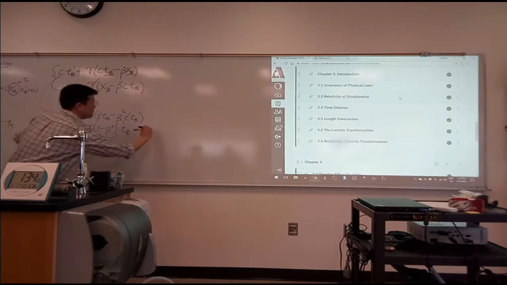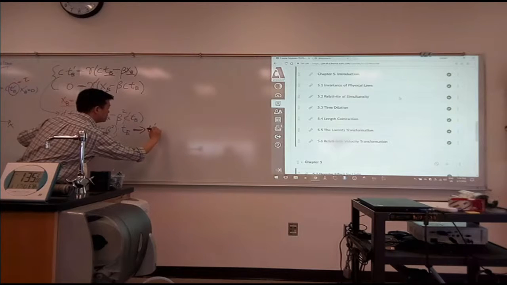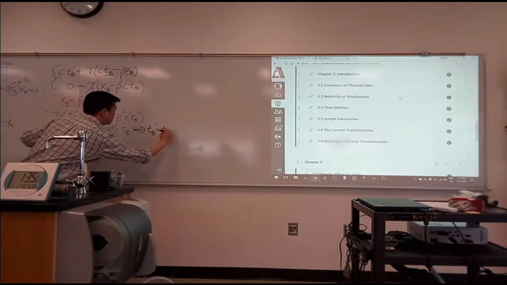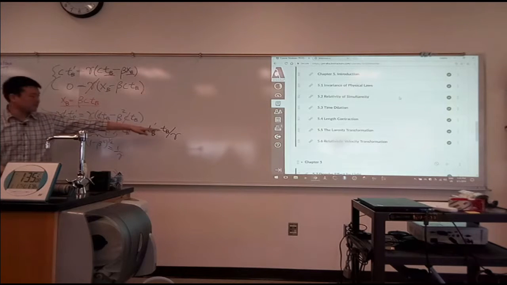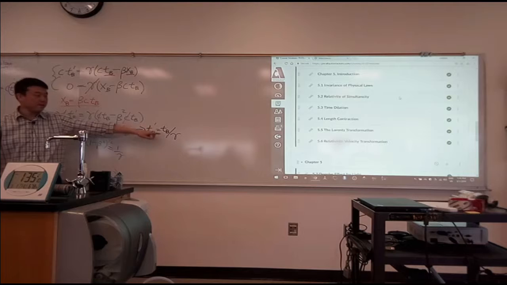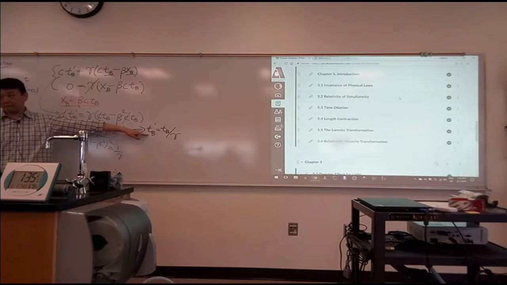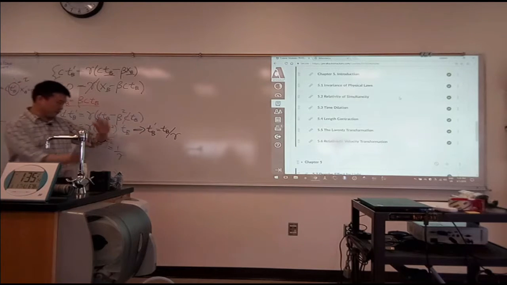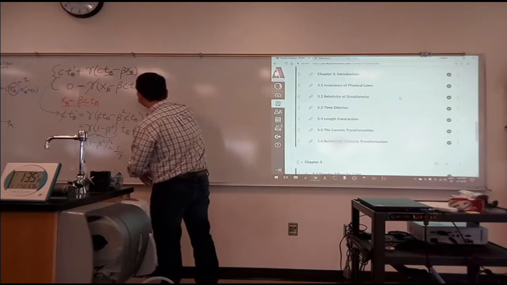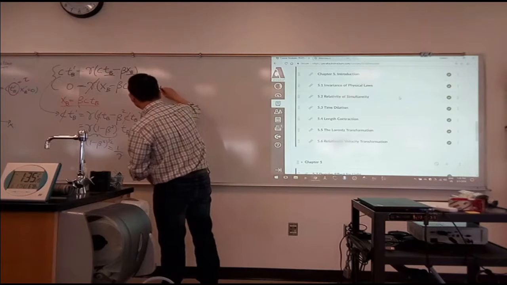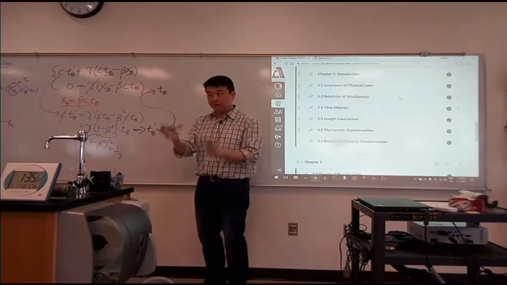So t b prime is equal to t b over gamma. Hey, is gamma on the wrong side? Oh, we are okay, because it's not t b that's the proper time. It's this that's the proper time, right? So rearranging things so that I have proper time on the correct side, what we have is t b, which is the time we are measuring in the lab frame.